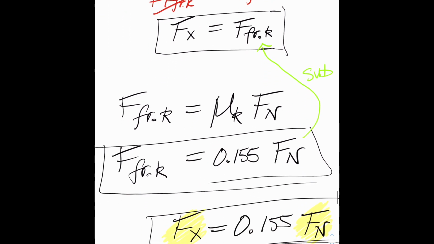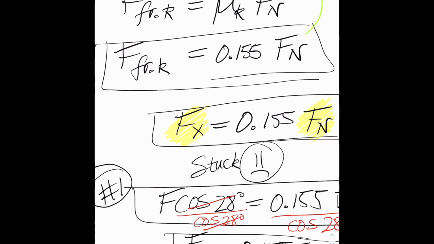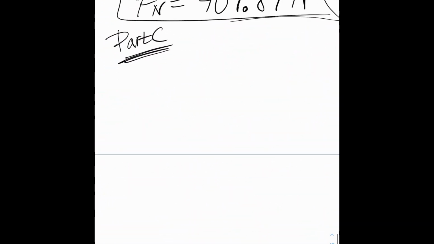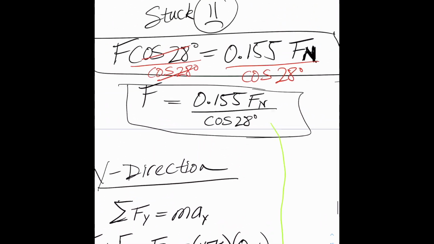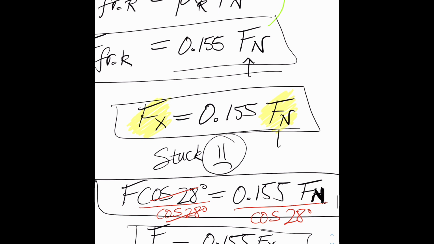But we also, from this expression right here, see that friction is equal to 0.155 times Fn. So we can sub in 407.84 for Fn.